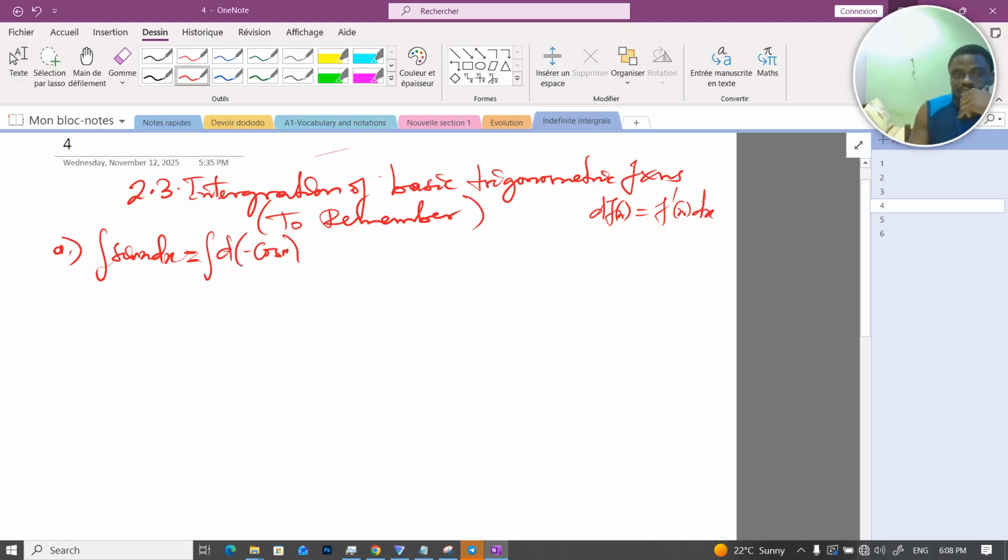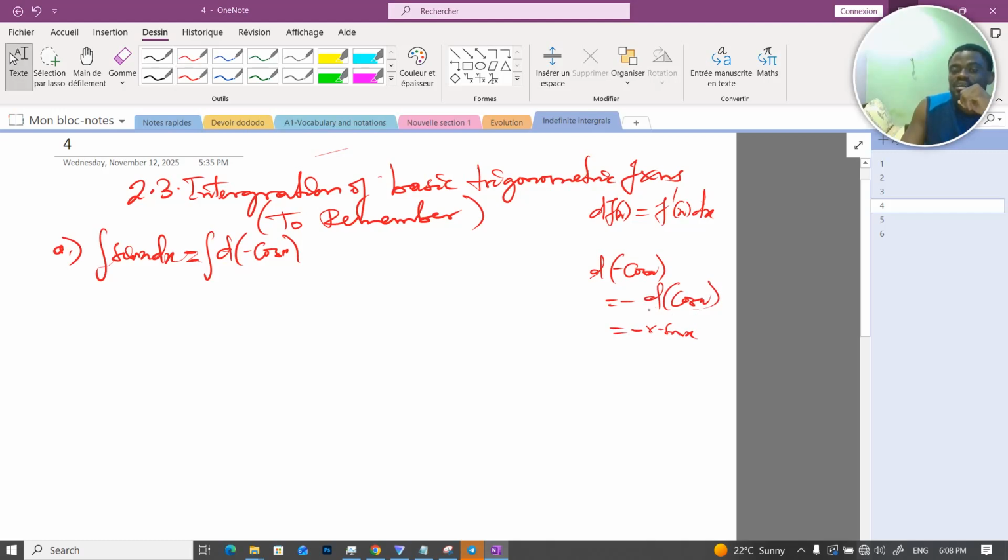Because if I differentiate minus cos x, the minus goes outside and I differentiate cos x. When I differentiate cos x, I have minus sine x. So I will have minus times minus sine x.